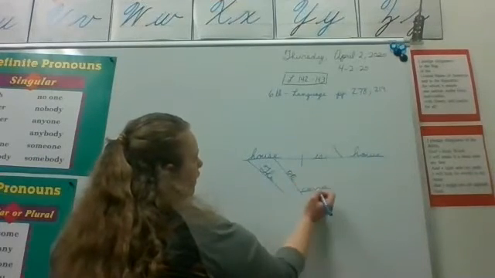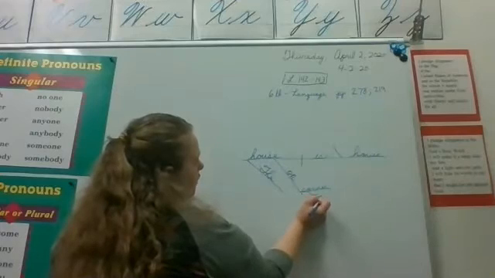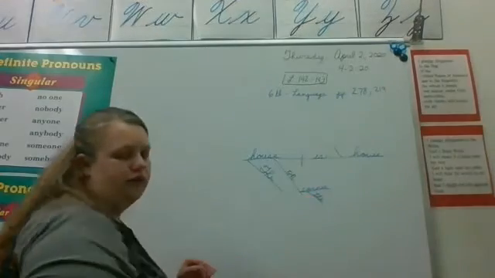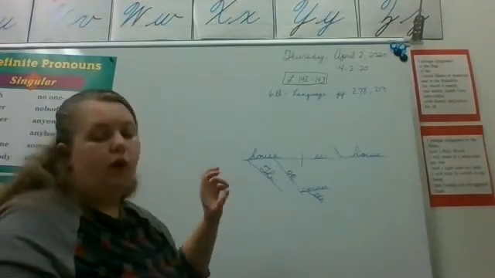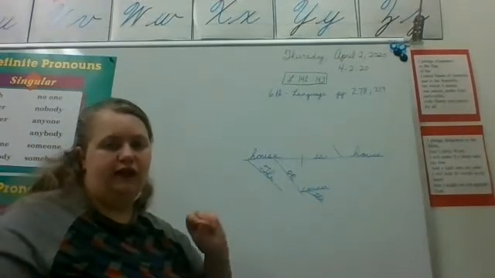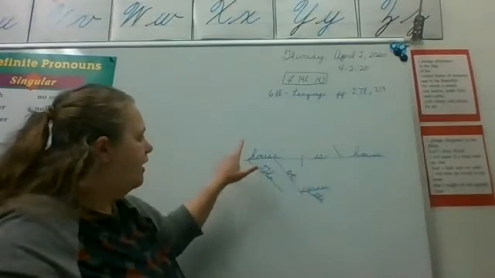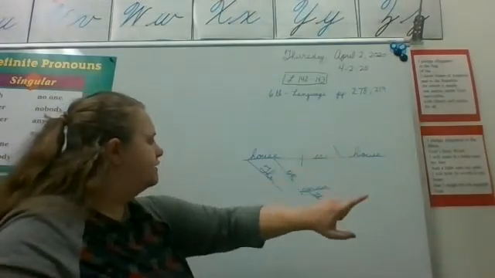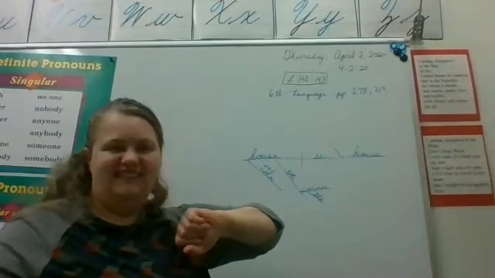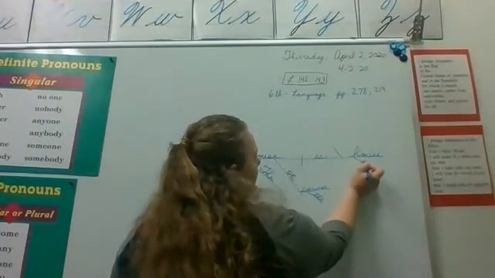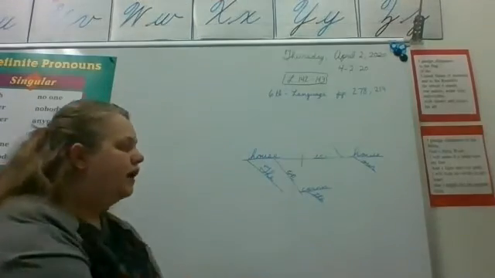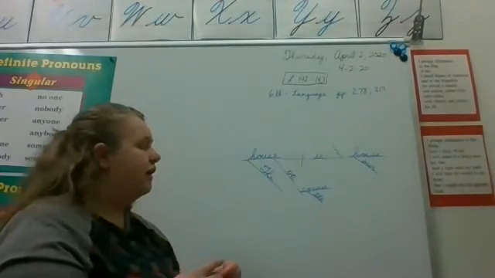Corner, on, corner, the. Okay, on the corner. What word have we not diagrammed yet? The house on the corner is our house. So we're going to put our underneath house, okay?